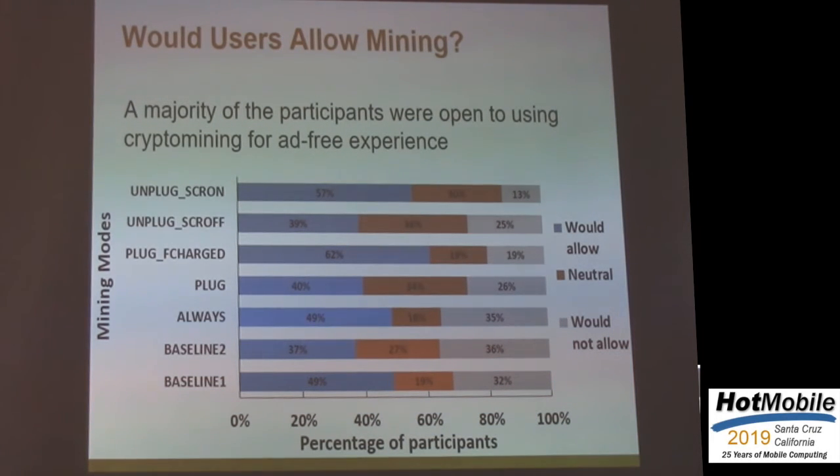A majority of the participants were open to using crypto mining for an ad-free experience. Again, some of the users, about 25 to 30%, said that they would not allow it, but this is not because they experienced something bad about the miners. They just are not open to the new technology, and they didn't like the fact that they're running something in the background.